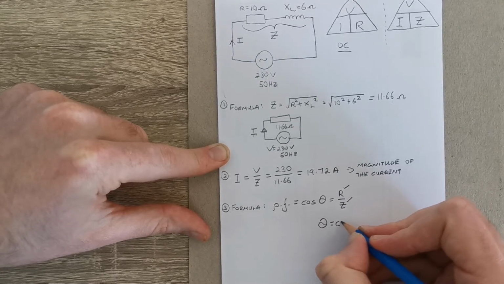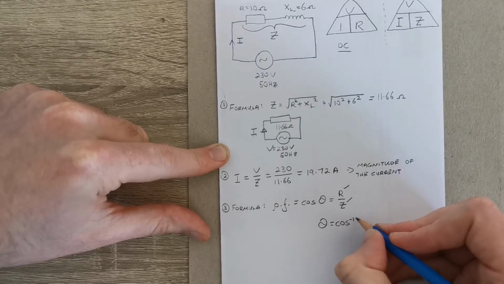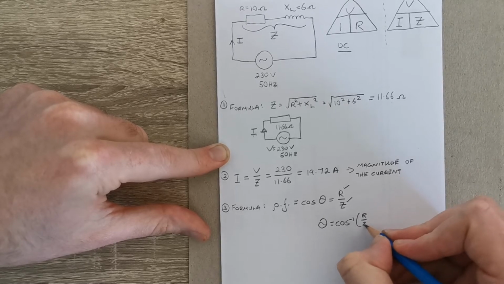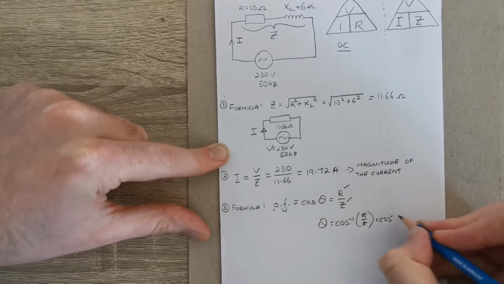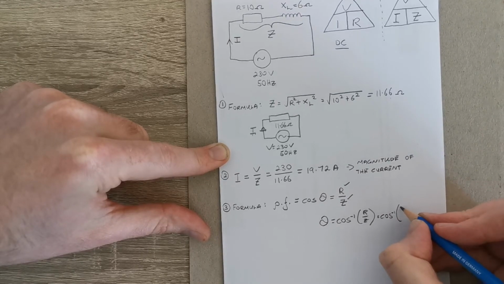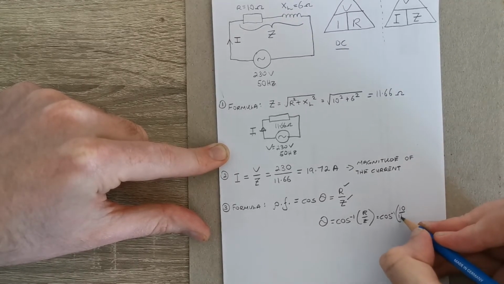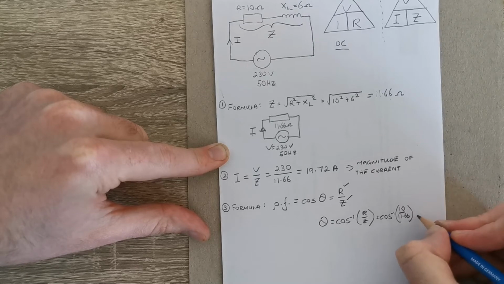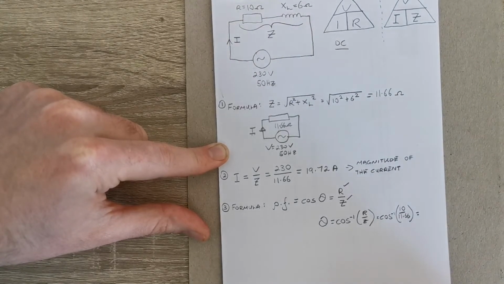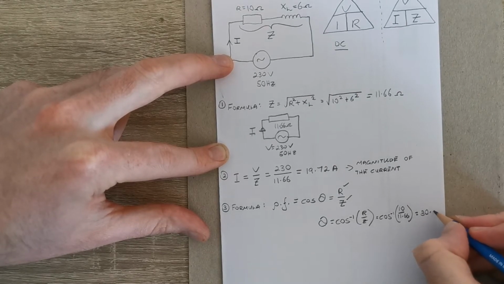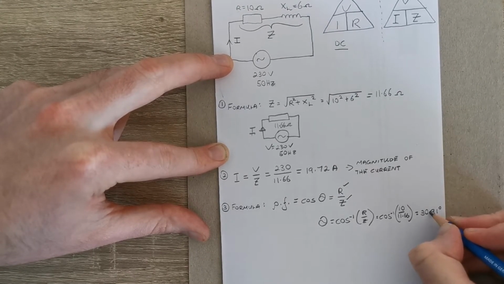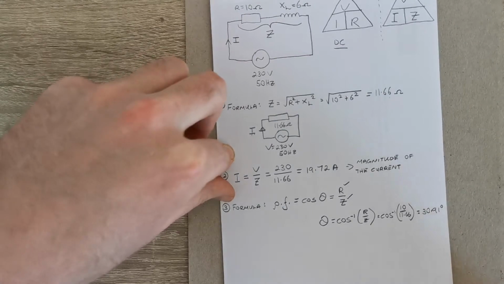If we rearrange our equation, it's going to be the cos inverse of R over Z, which is equal to the cos inverse of 10 over 11.66. If you put this into your calculator, you'll get 30.91 degrees as the phase.